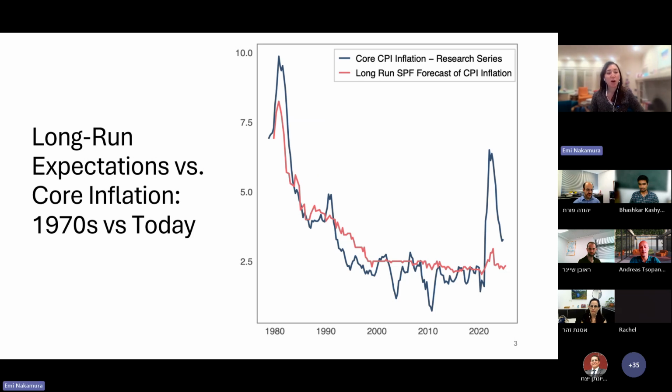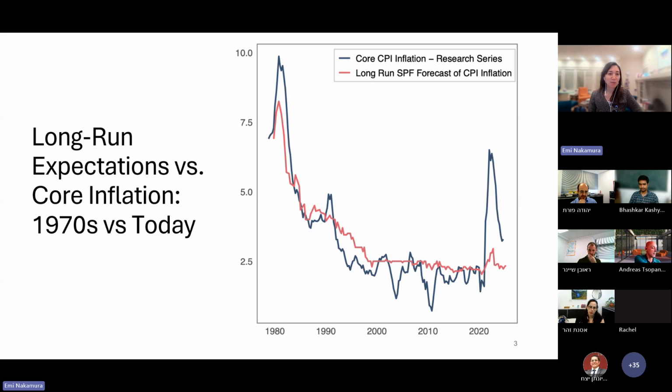Here I'm showing you long-run inflation expectations. So that's the red line, along with core CPI inflation. That's the blue line. And what I want to contrast is what this picture looks like at the beginning versus the end of the sample period. So this goes from the late 1970s to the present.